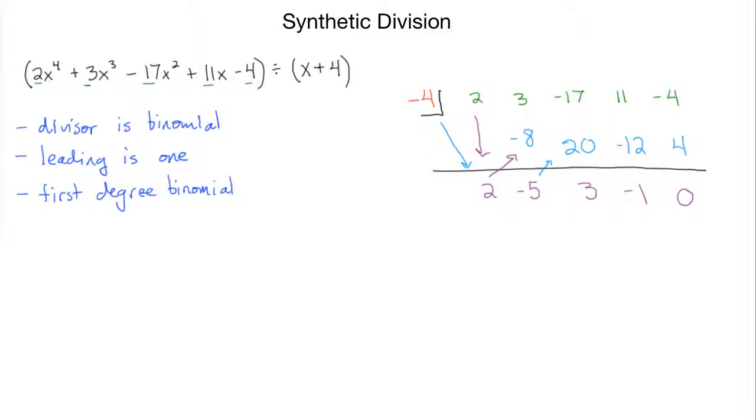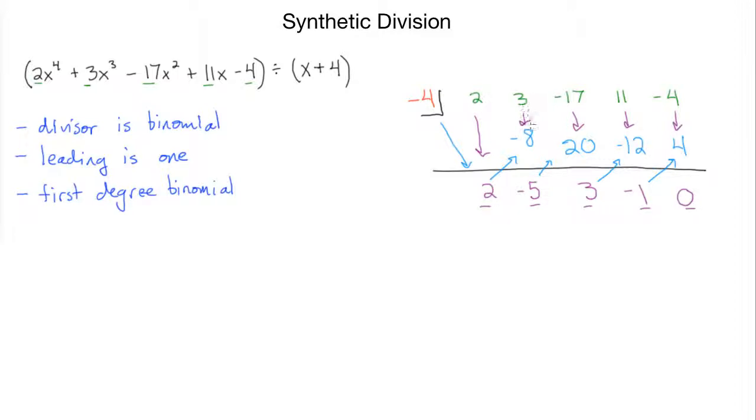Here, let me color code it the same way. So we multiplied 2 by negative 4 to get negative 8. We multiplied negative 5 by negative 4 to get 20. 3 times negative 4 gave me the negative 12, and negative 1 times negative 4 gave me the 4. But every time we did that, we always added down the column to get each of these values.